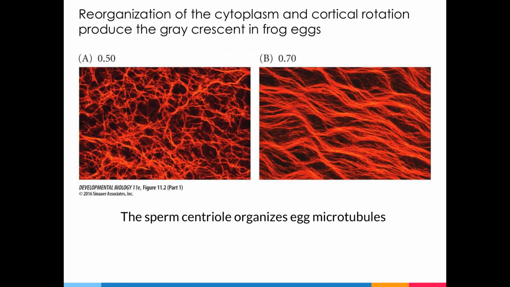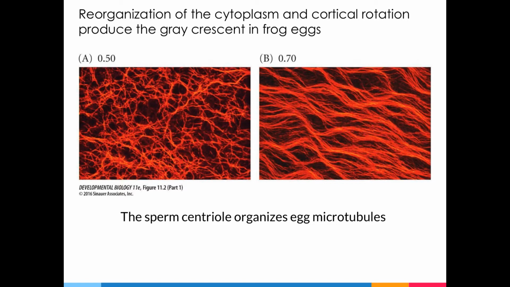The establishment of the dorsal ventral axis in the frog involves the rotation of the cortical cytoplasm. And recall that the cortical cytoplasm is the cytoplasm that's located right underneath the plasma membrane. That rotation of the cortical cytoplasm requires the microtubules of the oocyte to be reoriented, as you can see here, so that they are parallel to each other.